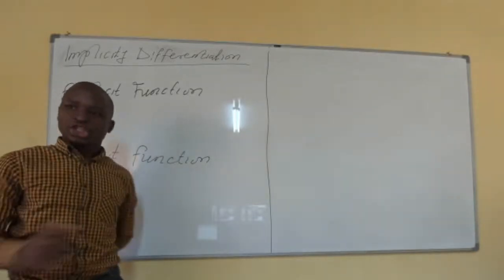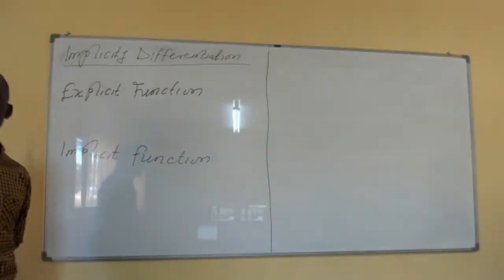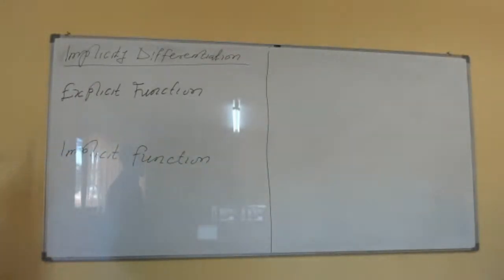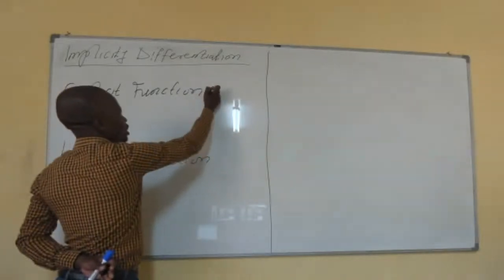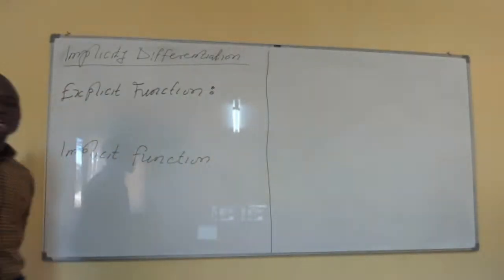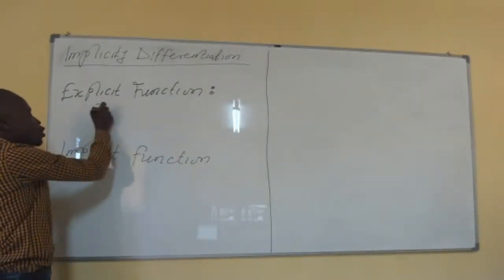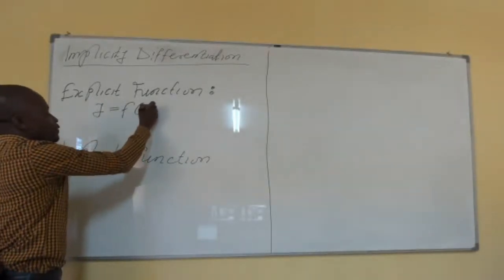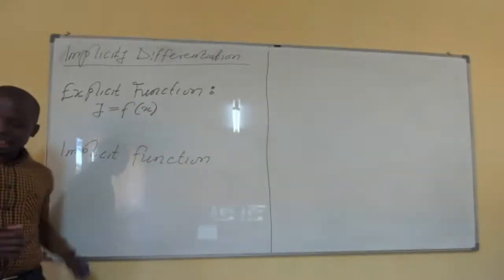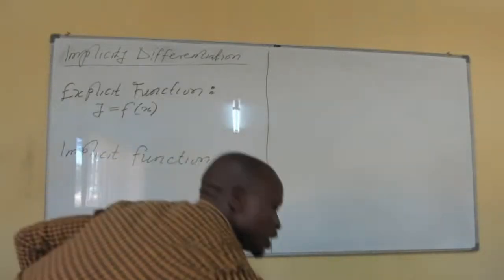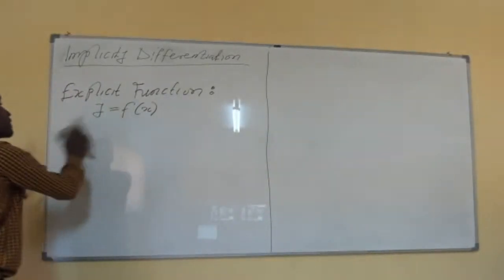Whatever differentiation we started with was explicit differentiation. An explicit function is any given function that you're able to write in the form y equal to f of x. This kind of function we call an explicit function.